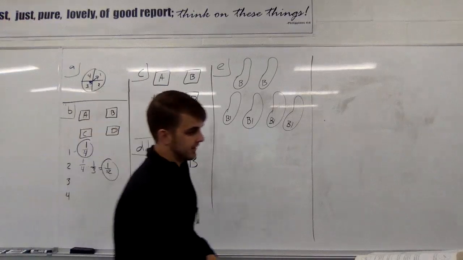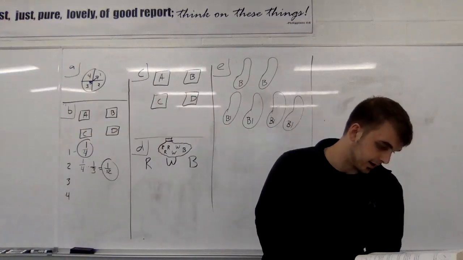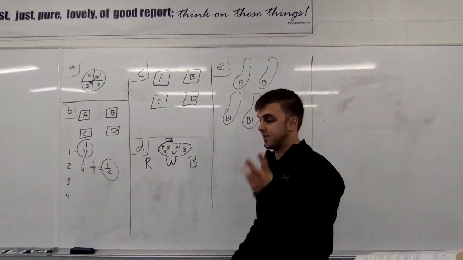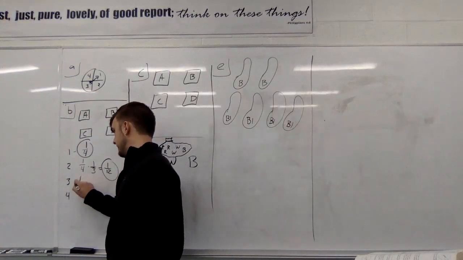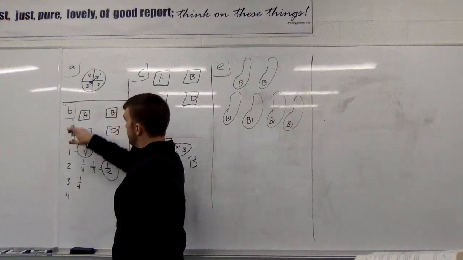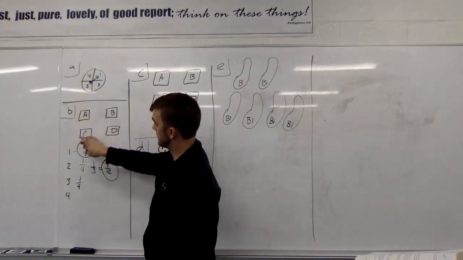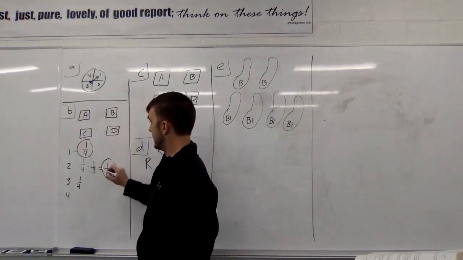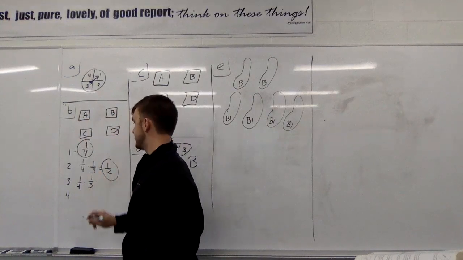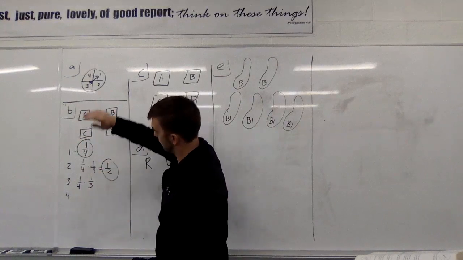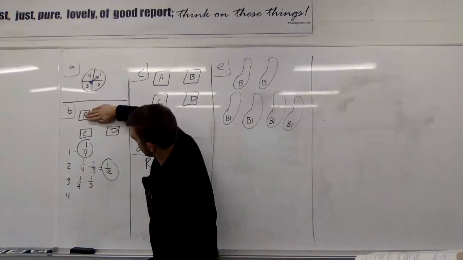Number 3, or the third thing, turning over A, B, and then C. So same thing here. If you turn over A, it's 1/4. If you turn over A, then what's the chance of you turning over B? It's 1/3, just like we figured out above. Except now, what's the chance of you turning over C if you turn over both of these?